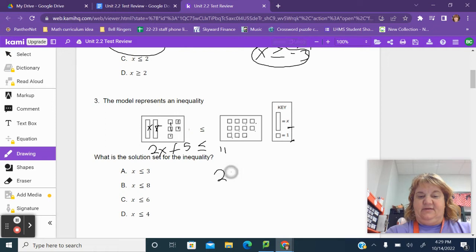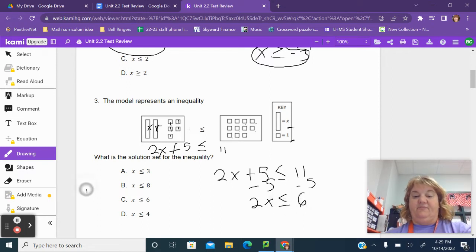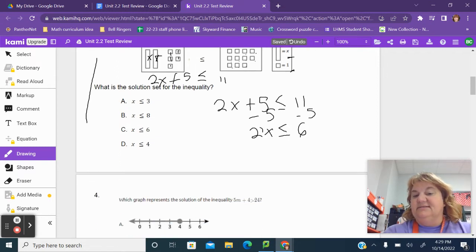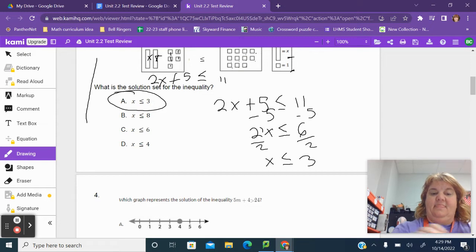Let me write that down here. 2x plus 5 is less than or equal to 11. Minus 5, 2x less than or equal to 6. I am not flipping the sign here because that's a positive number. So divide by 2. x is less than or equal to 3. There it is.